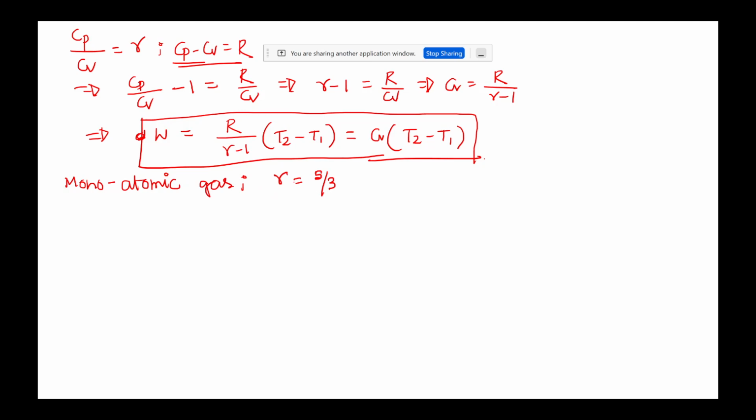So if gamma is 5 by 3 and we know R is 8.314 joule per mole Kelvin, we have to find T2 and T1. T1 is given. What is T1? 300 Kelvin. So how can we find T2?